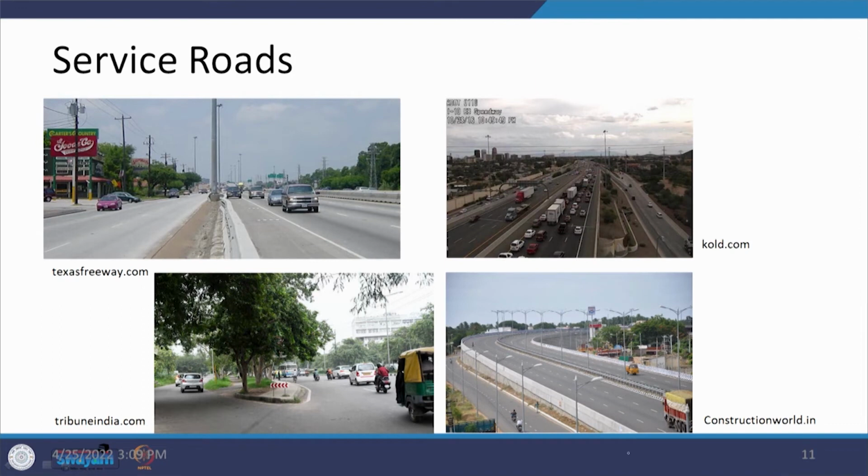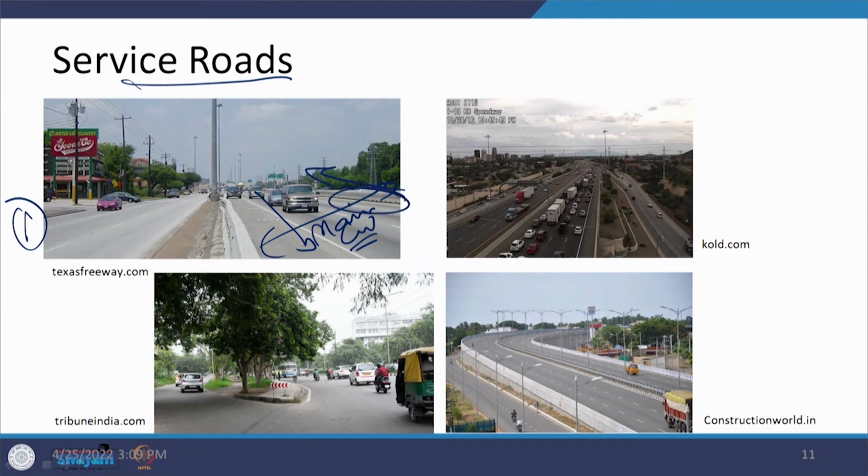Now, let us look at another type of element which needs to be provided, and that is what is being defined as a service road. If you look at a service road, there are certain photographs made available. In case 1, the main carriageway is on this side. So, you have one directional traffic here and another directional traffic on the other side, and you have a median in between.